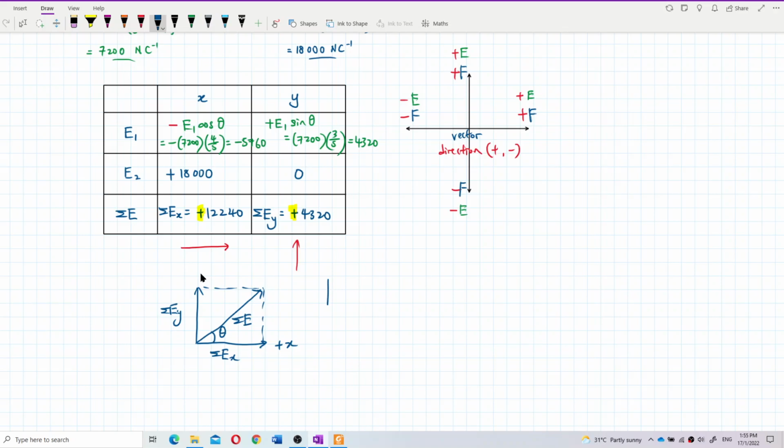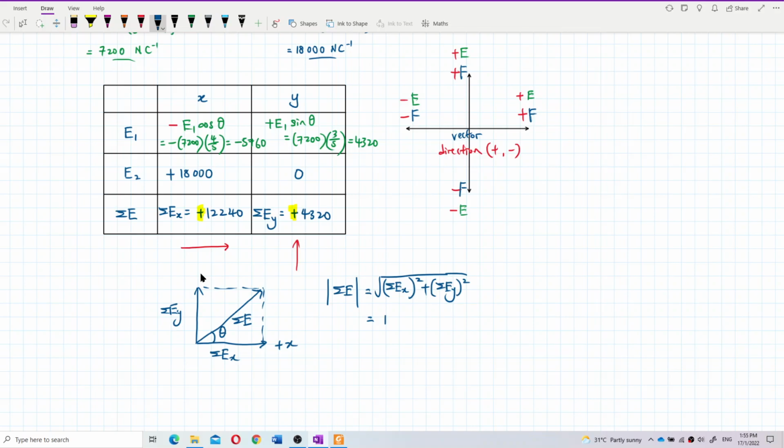First of all, I need to find the magnitude of my resultant electric field strength, using the square root, Pythagoras theorem, the same thing you learned in your first semester. So 12,240 squared plus 4320 squared, and then square root the whole thing.